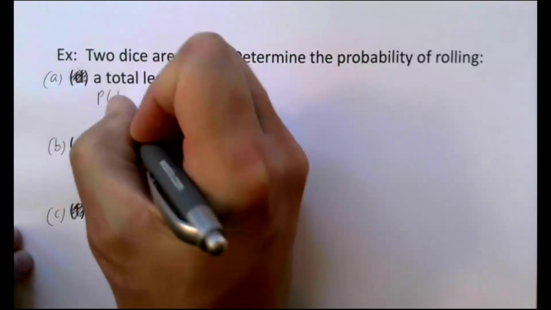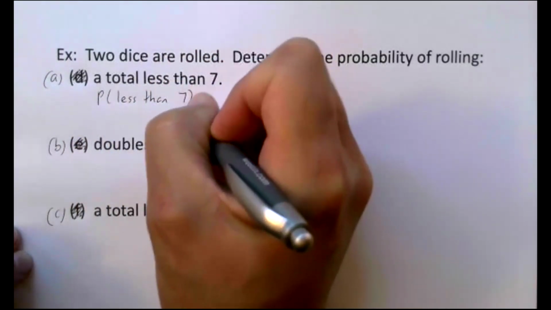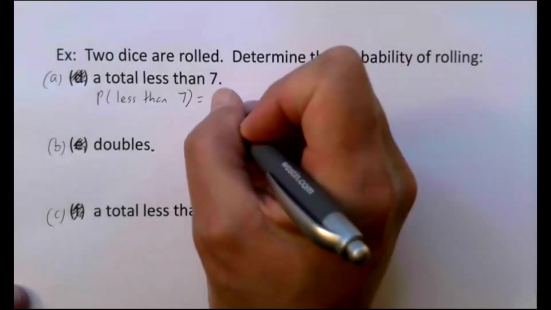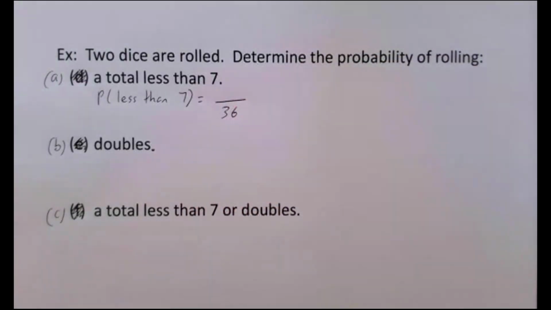If you roll two dice, what is the probability that they total up to something smaller than 7? Let's go look at our dice and see. I think you know it's going to be 36 right here, right? There's 36 elements in my sample space when I roll two dice.